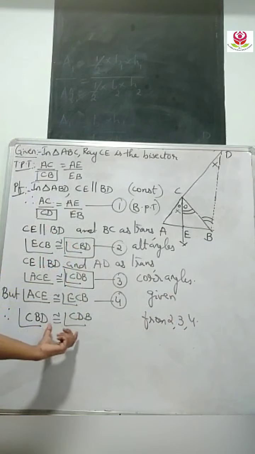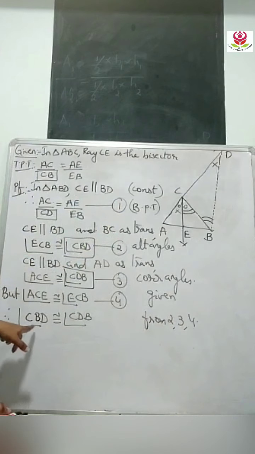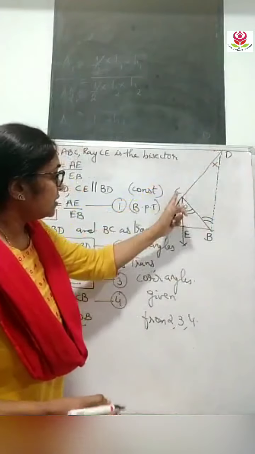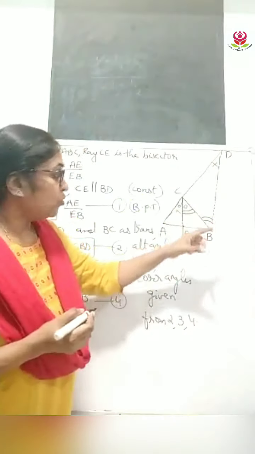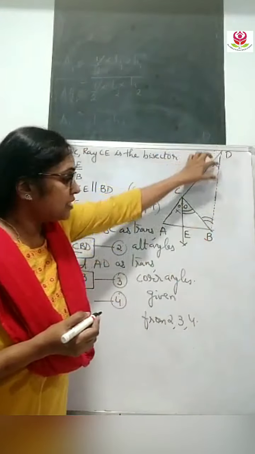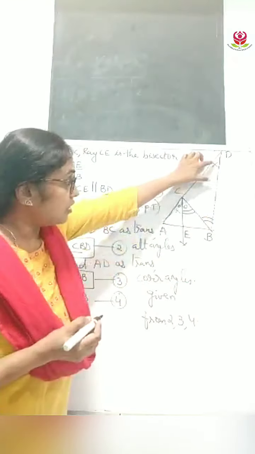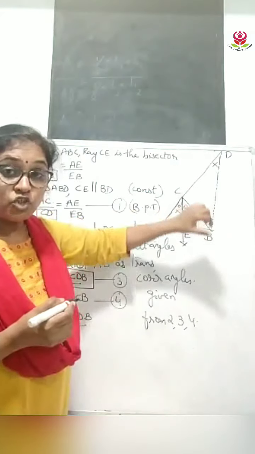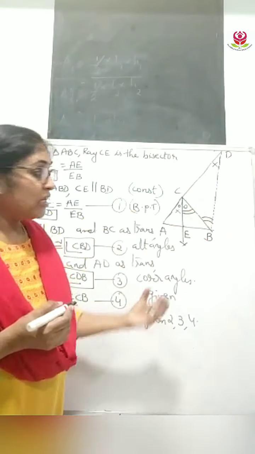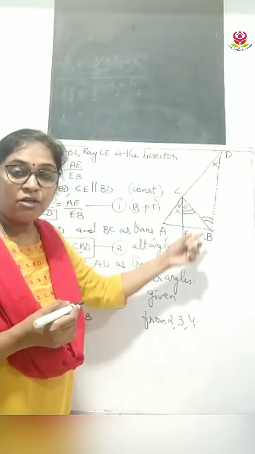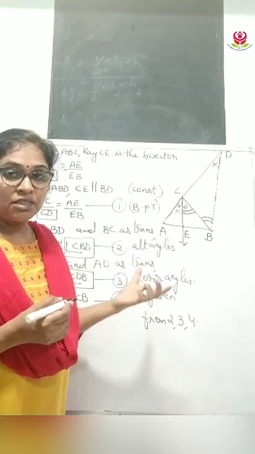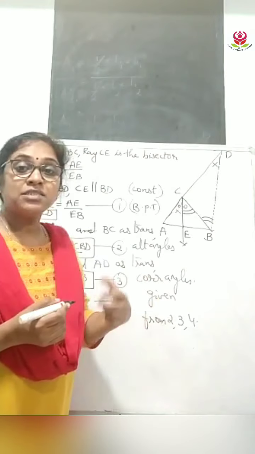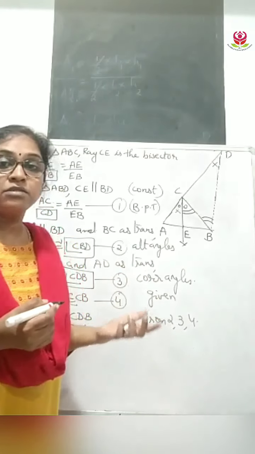Now just look at these two angles in the figure. Angle CBD is this angle and angle CDB is this. So if you consider triangle CDB, those two angles are forming the base angles of the triangle, which you got as congruent. Whenever base angles of a triangle are congruent, it is an isosceles triangle, so the sides opposite to those angles are congruent.